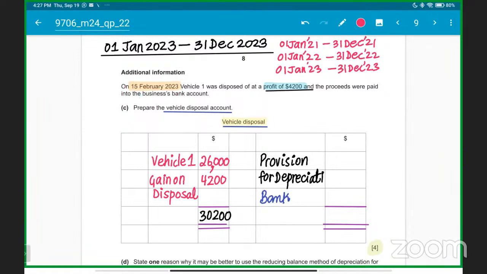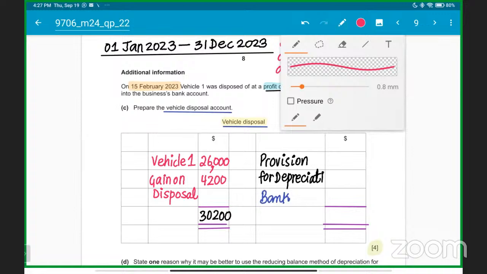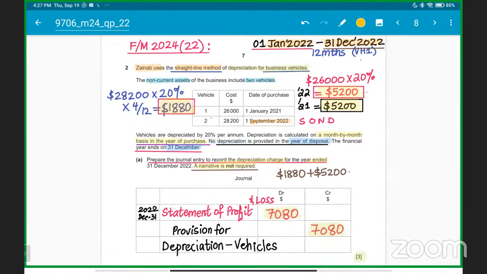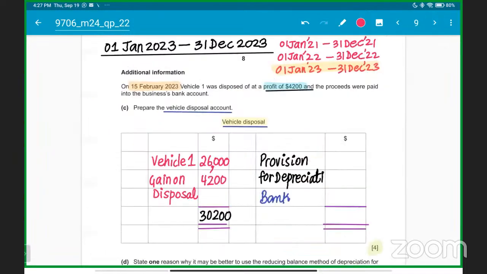We are selling it on 15th February. Students need to understand, okay, sir, you are selling it on 15th February, so it will be this year. And they have mentioned that no depreciation is charged in the year of disposal. It means, students, that in 2023, depreciation will not be charged, okay? And in the year of purchase, we have to charge depreciation. So 2 years of depreciation will be charged, students.